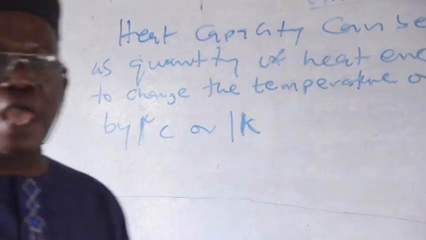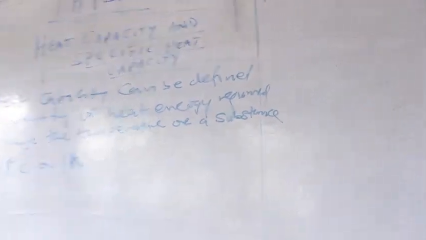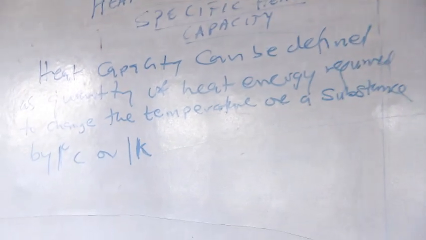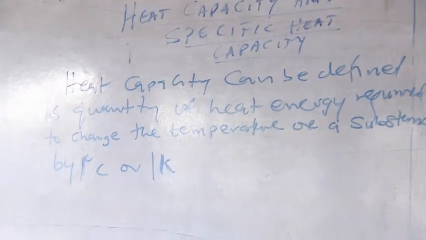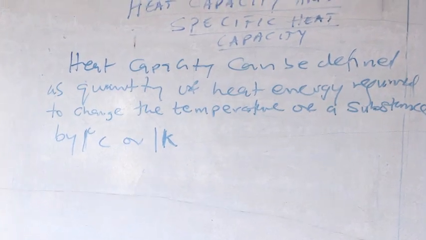Heat capacity can be defined as the quantity of heat required by a substance to change its temperature by 1 degree Celsius or 1 Kelvin.